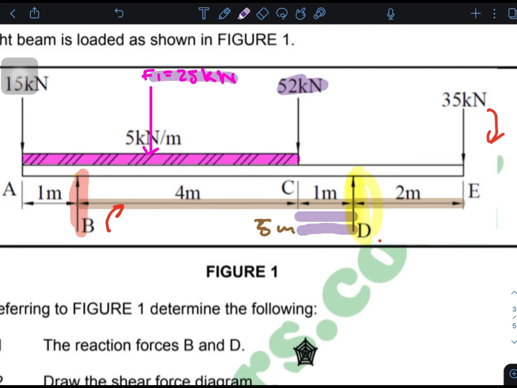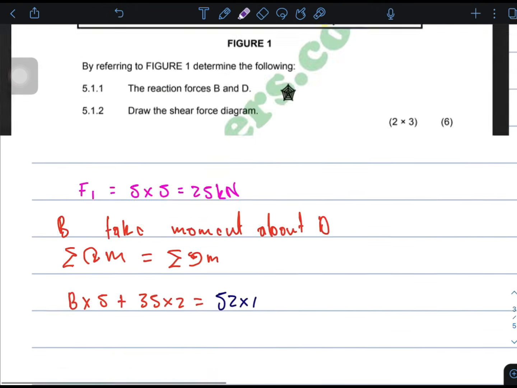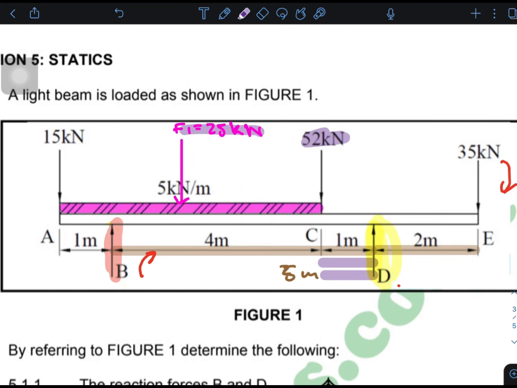If this distance is 1, guys, what is this distance? Remember, we put the concentrated load at the center, meaning the distance from here to here is 2.5 meters. As we remember, the total length of this uniformly distributed load is 5 meters. What is the half of 5? It is 2.5.